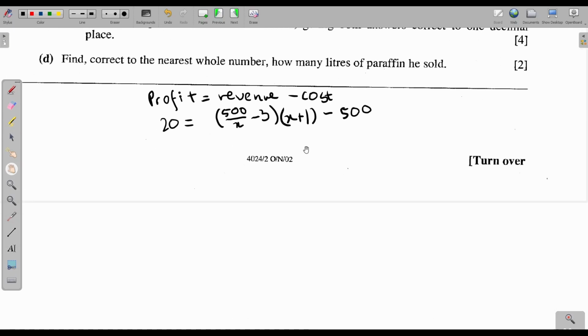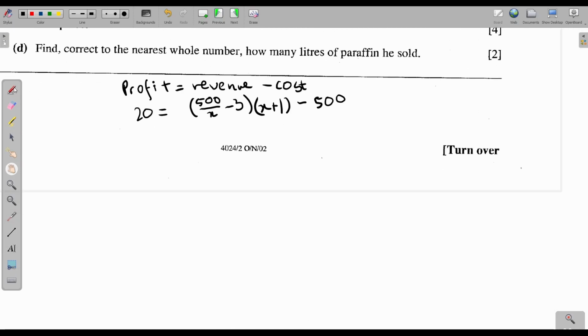All right, now we can simplify this. First, let's multiply it out so we can get rid of the parentheses. This is going to become 500 minus 3x, right? And then plus 500 over x minus 3. All right, minus 500.